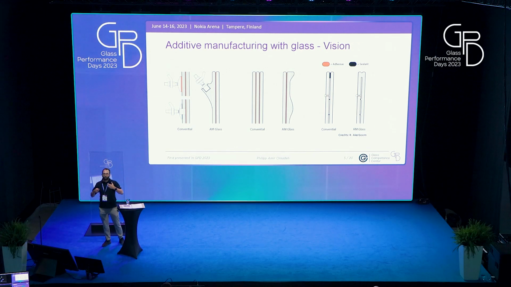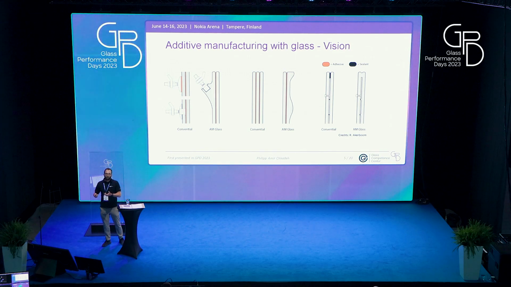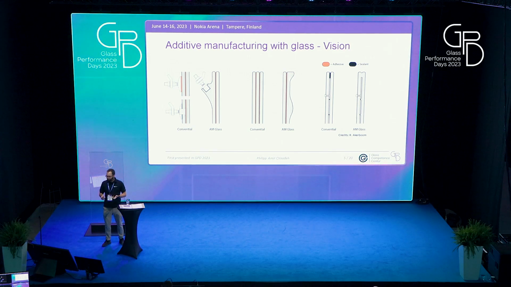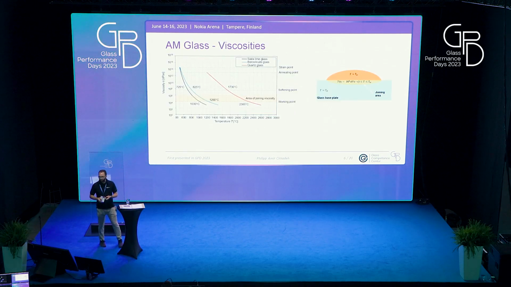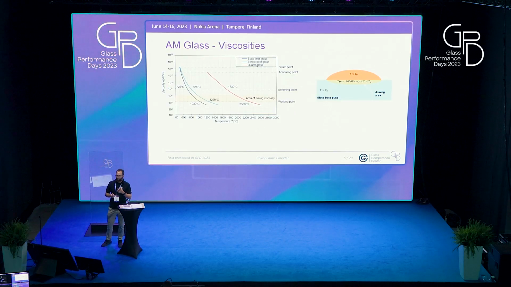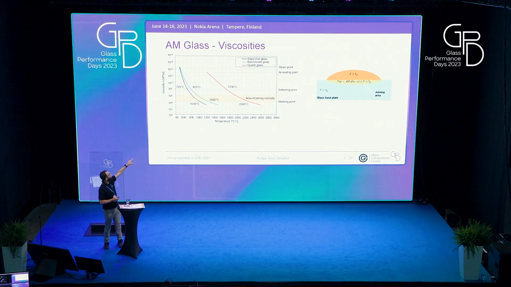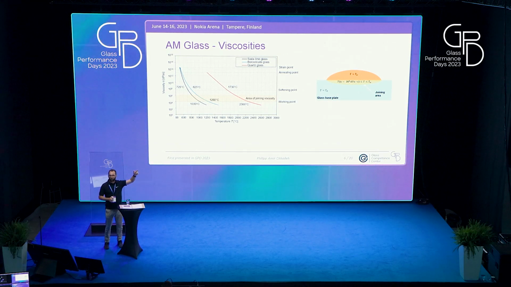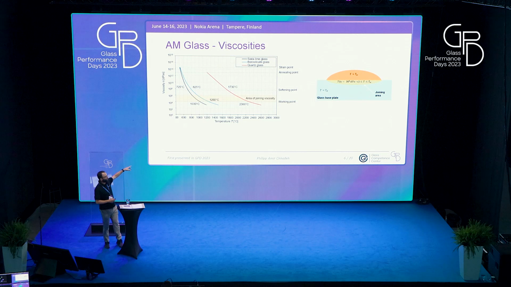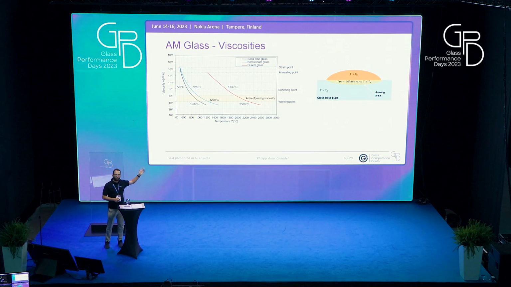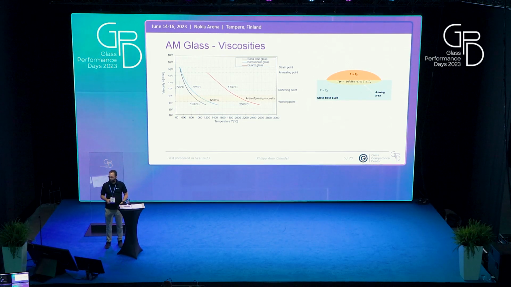To get further into additive manufacturing of glass, we need to understand the viscosities of glass. Which leads me to this slide. I brought this diagram with me today. These are the three most commonly used glass types: soda-lime glass, borosilicate glass, and quartz glass, so silica glass. You can see the behavior of the viscosity over the temperature, and this is what's important for us.